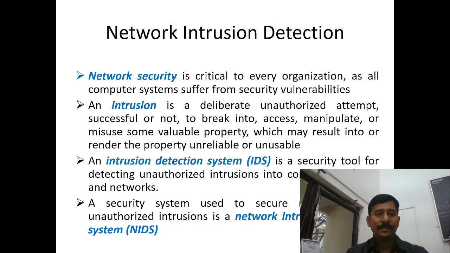Now coming to the next one, intrusion. An intrusion is a deliberate, unauthorized attempt, successful or not, to break into various parts and access, manipulate, or misuse some valuable property, which may render the property unreliable or unusable. So with the help of these two basic keywords, network security and intrusion, now we are able to define an intrusion detection system.